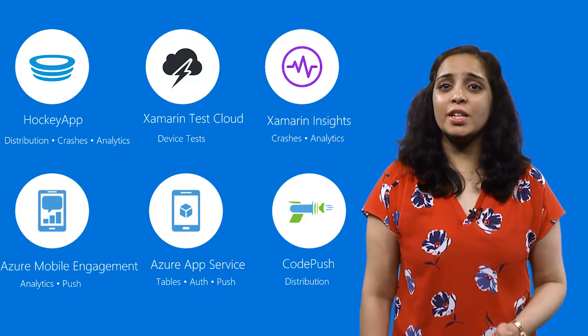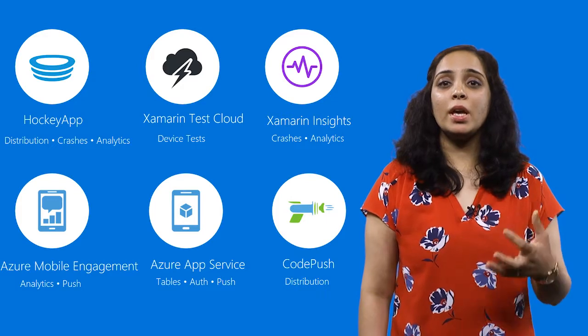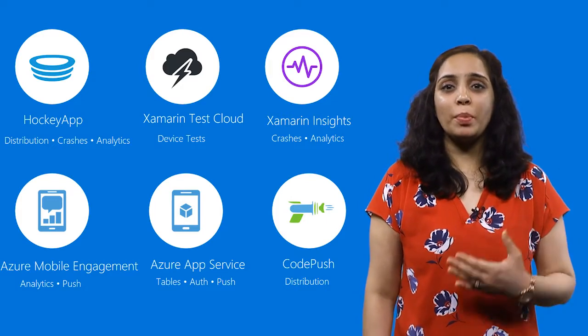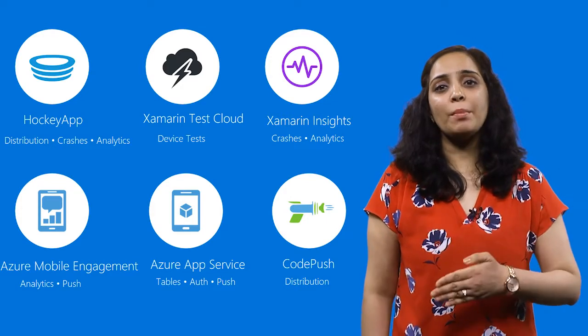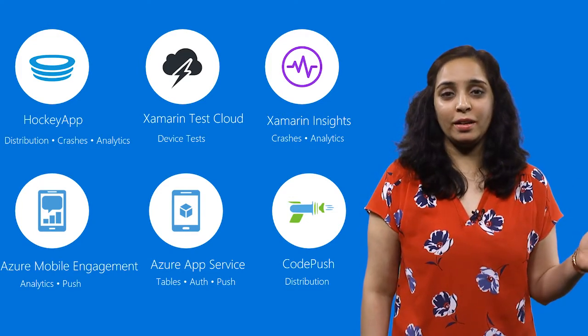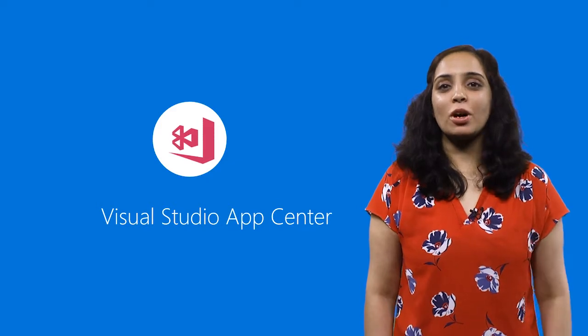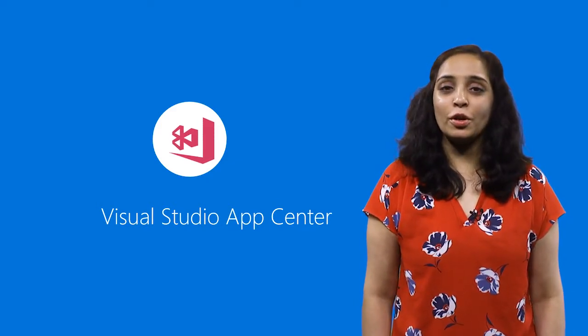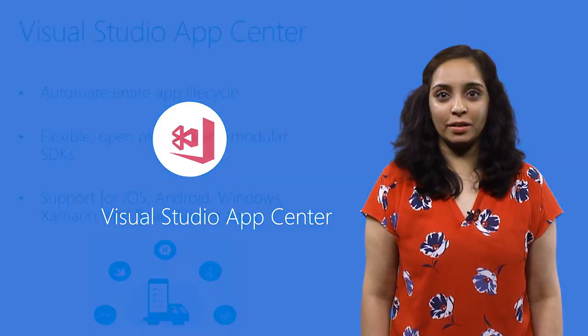But one challenging thing that we noticed was we do not have one central place for our developers to streamline that development pipeline. And for that, I'm so happy and excited to talk about a new product from Microsoft called Visual Studio App Center.